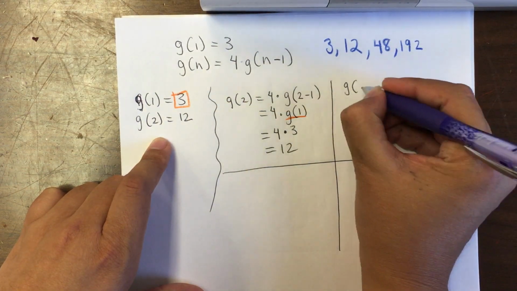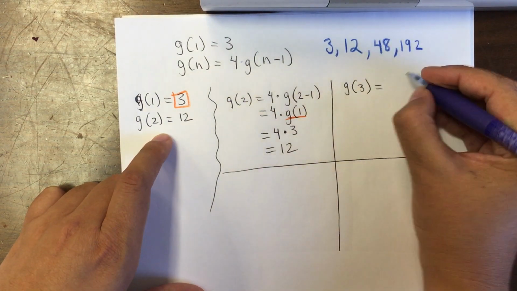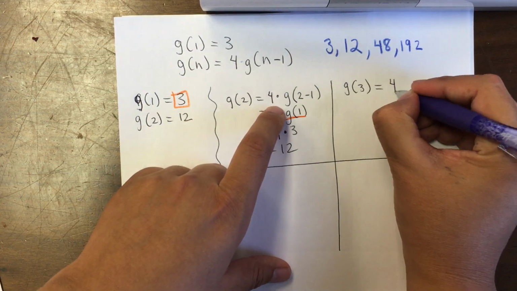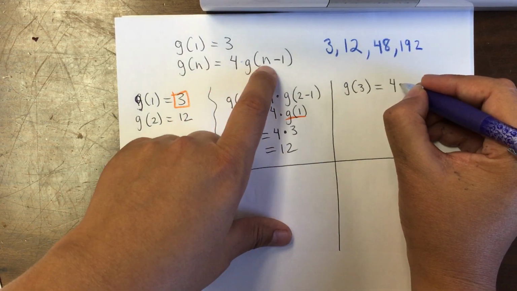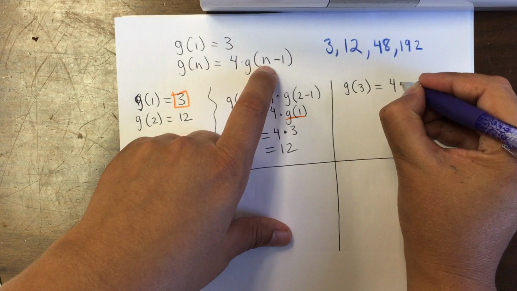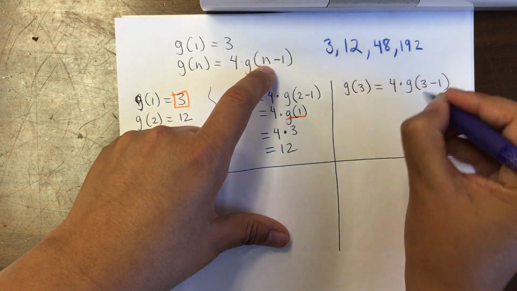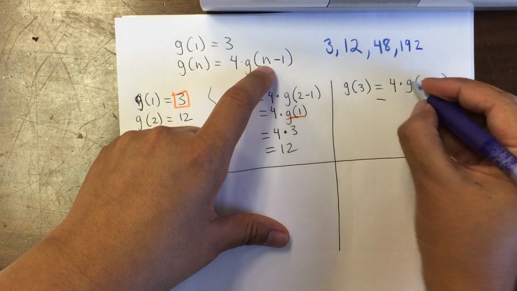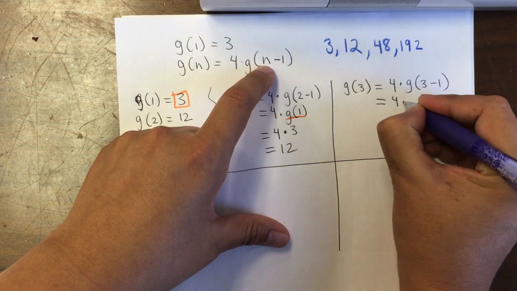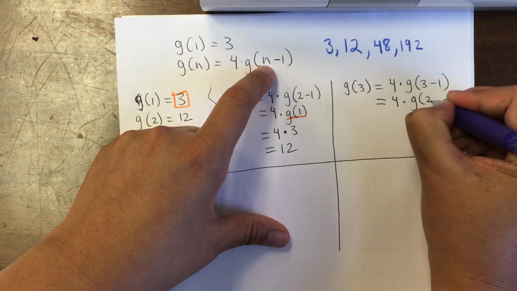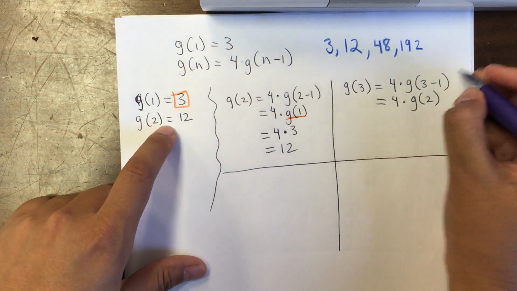For g of 3, we're replacing the n, so it's 4 times g of 3 minus 1, meaning look at the second one. 4 times g of 2, see, g of 2 in the list.